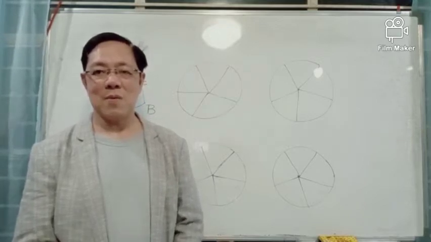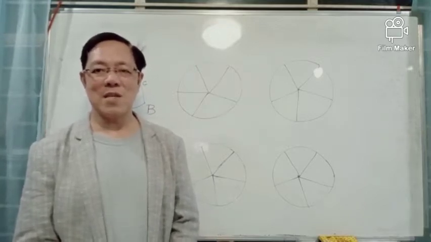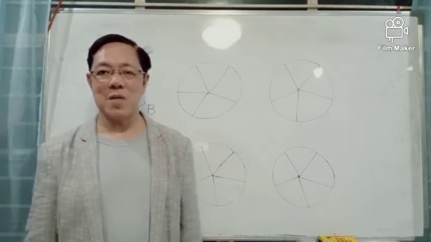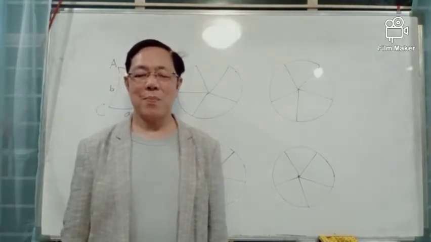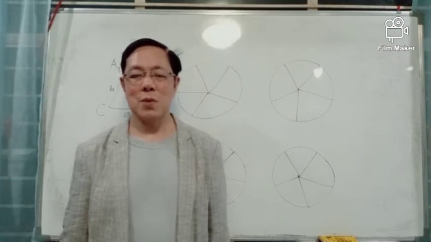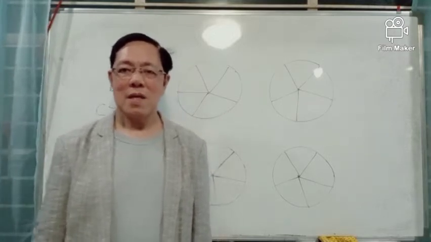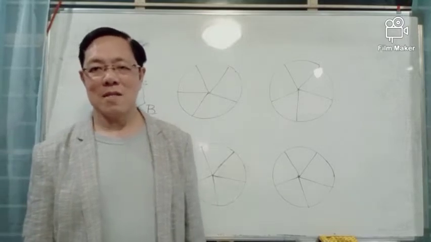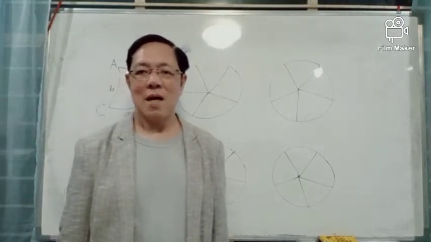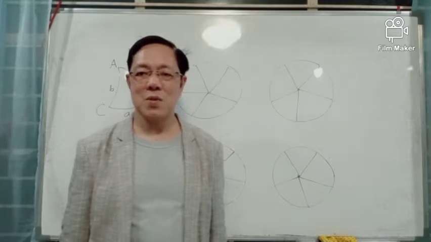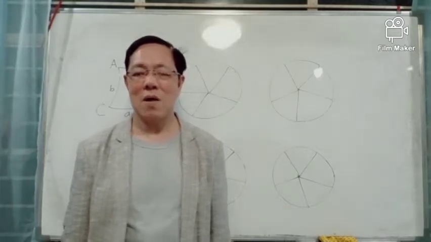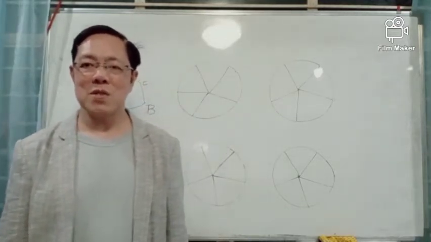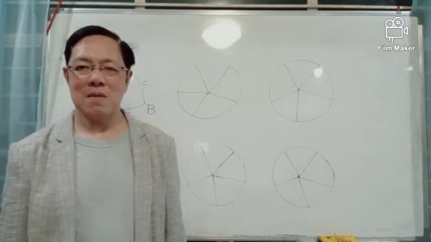And from last time, we also said that a great circle is the intersection of the sphere and the plane that passes through the center of the sphere. And the center of the great circle is the center of the sphere, and the radius of the great circle is also equal to the radius of the sphere.